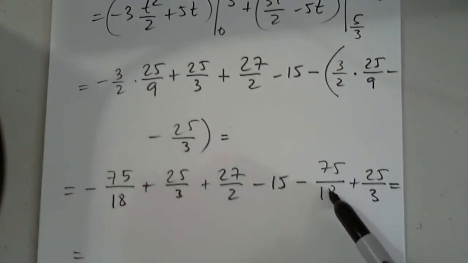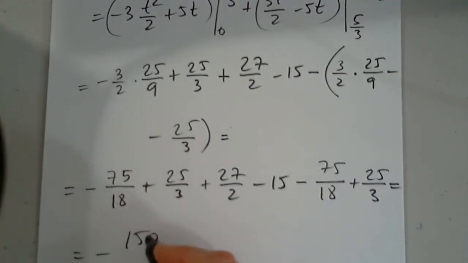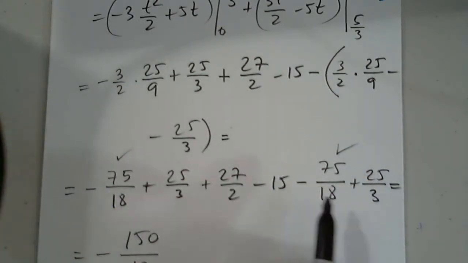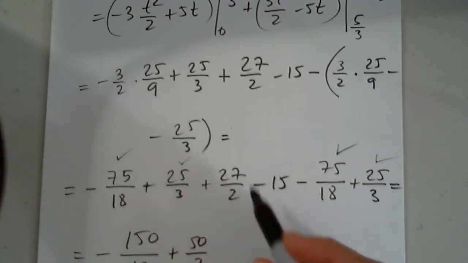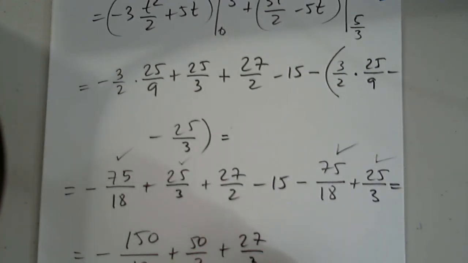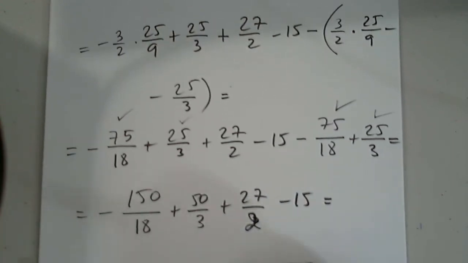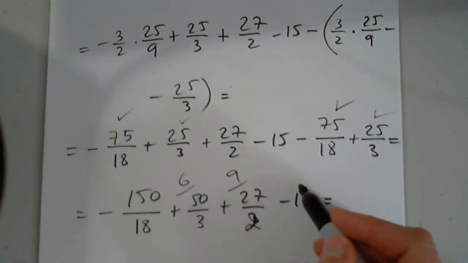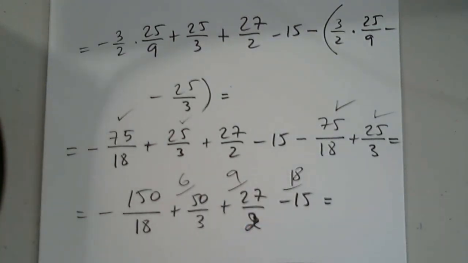Okay, these two, negative 150 over 18, so accounted for. These two, plus 50 over 3, done with these two, and plus 27 over 2 and minus 15. The least common denominator, 18. This one a 6, this one a 9, and this one 18.